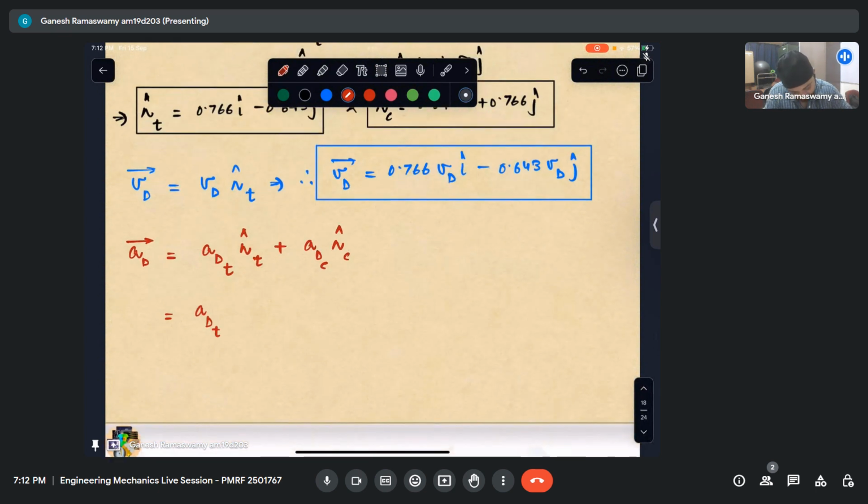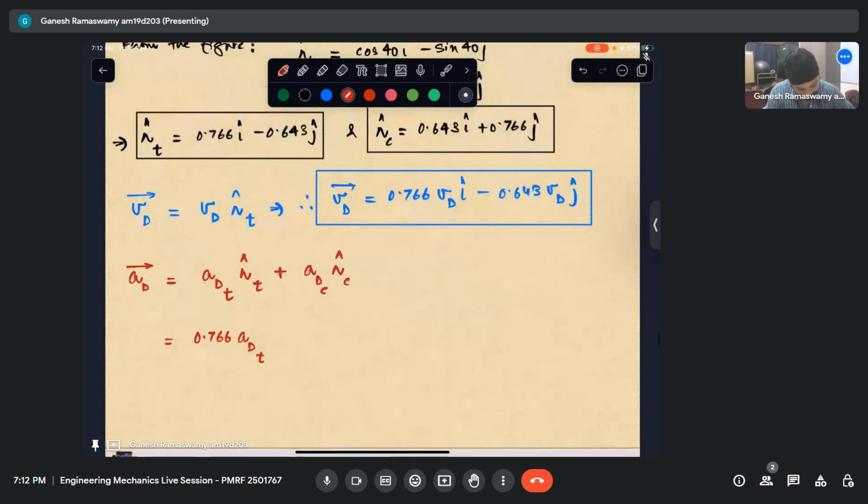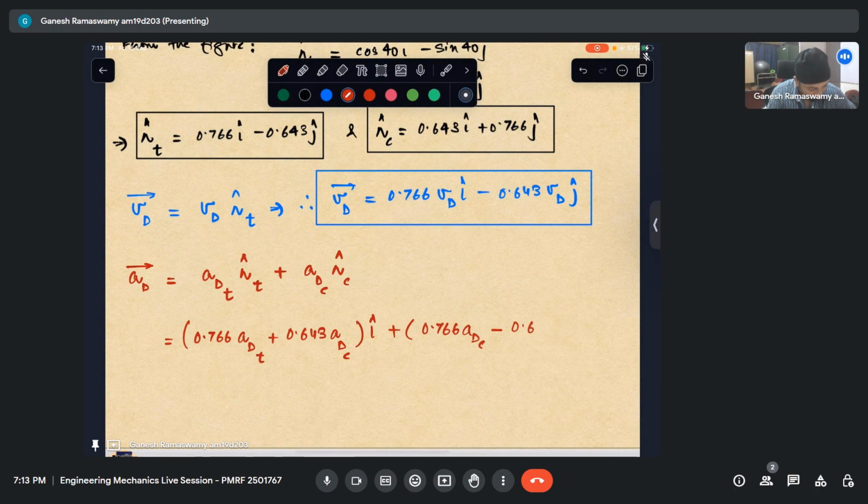So this will be 0.766 AD tangential plus 0.643 AD centripetal I cap plus 0.766 ADC minus 0.643 AD tangential J cap. So this is my acceleration of D.